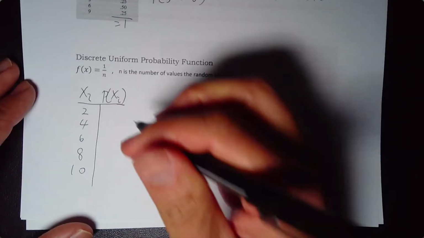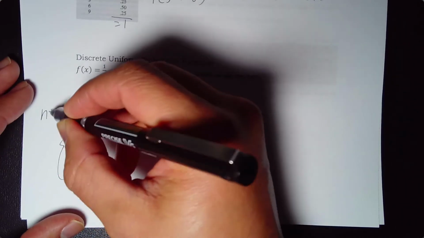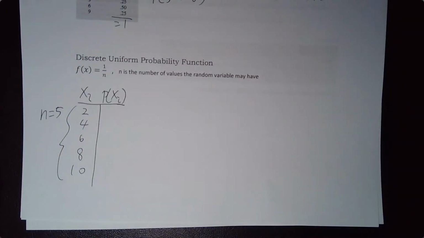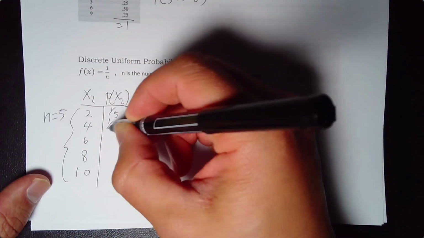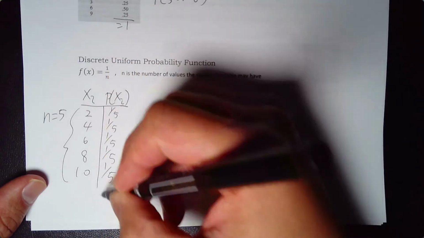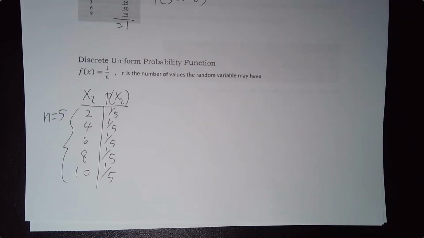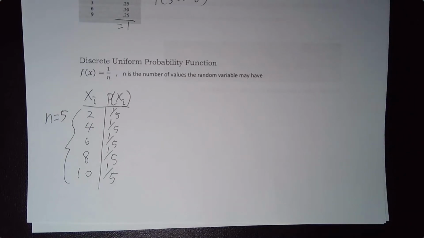Here n, the number of possible outcomes, equals 5. So this will be 1/5, 1/5, 1/5, 1/5, 1/5. Each of these numbers has equal probability, or equal likelihood, and that's what uniform just means. If you're told that a distribution is uniform, then you know that every outcome is equally likely.